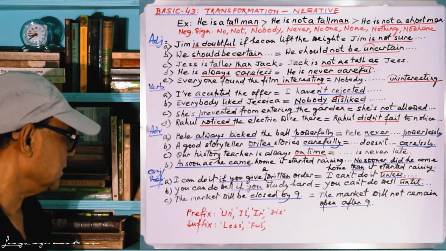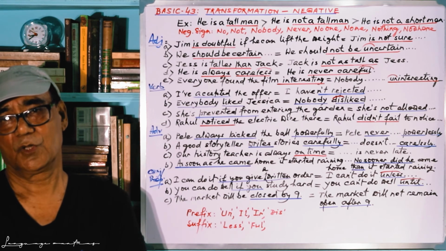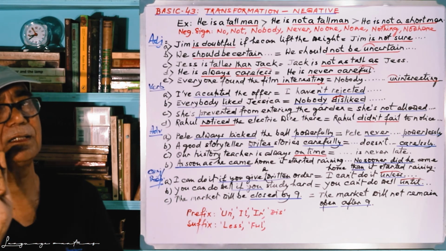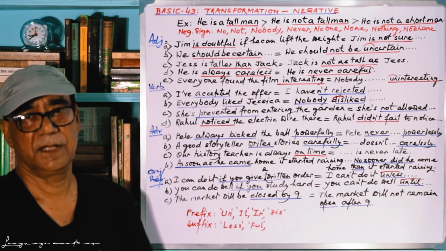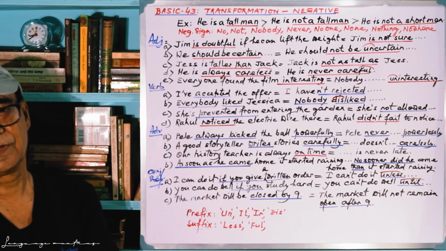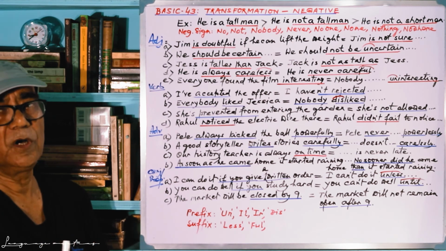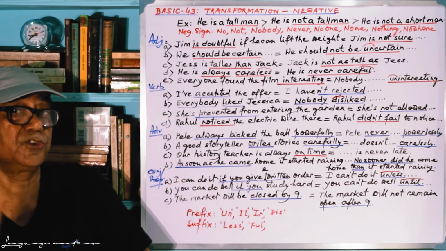Now the last sentence. The market will be closed by 9. We have closed, and then by 9, a time is referred to. So closed must be addressed here. Open or opened, that type of word must be there. And by 9. By is a preposition.